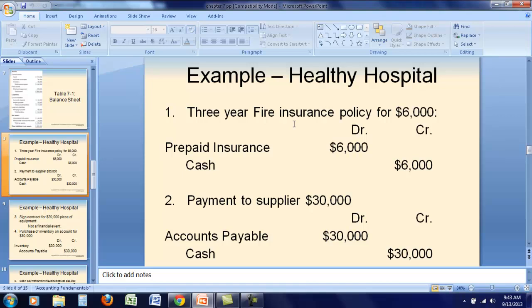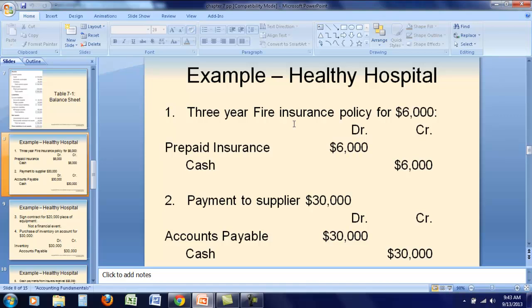We're not in those years yet, but somehow they thought it would be useful to pay the policy up front. So there's an asset called prepaid insurance, and they're debiting it, so they're increasing the prepaid insurance asset, for $6,000 because that's what they paid out for that policy.